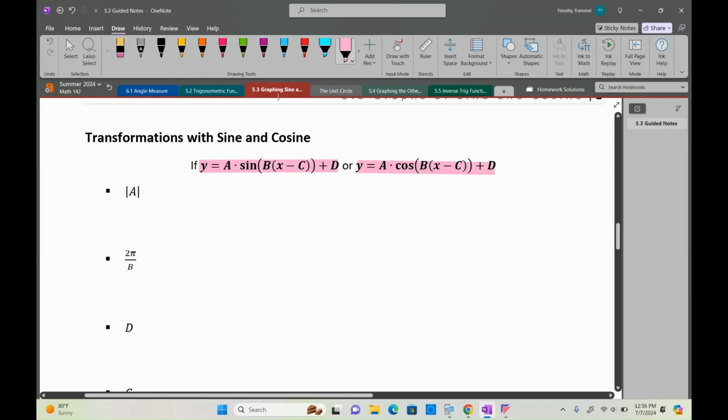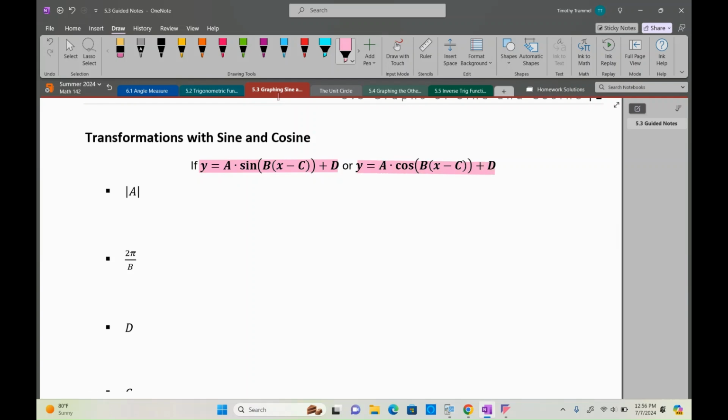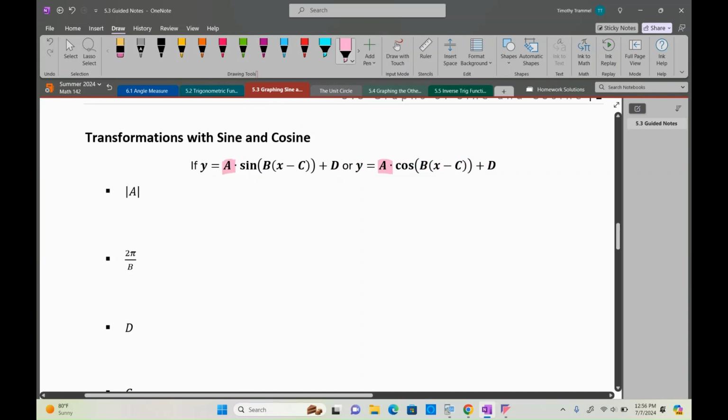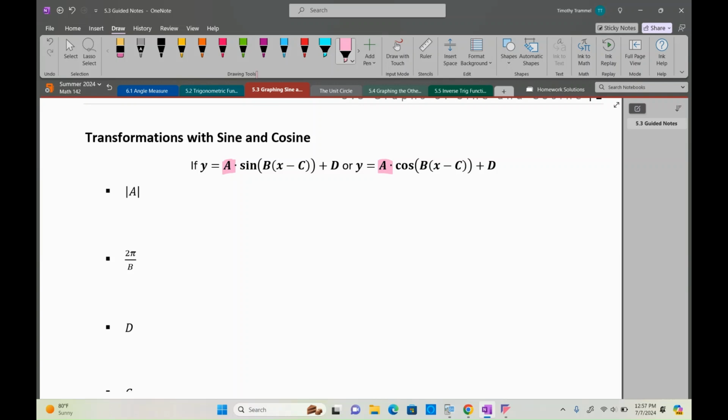But what you'll notice is up front on each one of these, we have some constant. And you might remember when you multiply a function by a constant, it's either going to cause a vertical stretch or a vertical compression. If the number is bigger than 1, it's going to cause it to stretch.